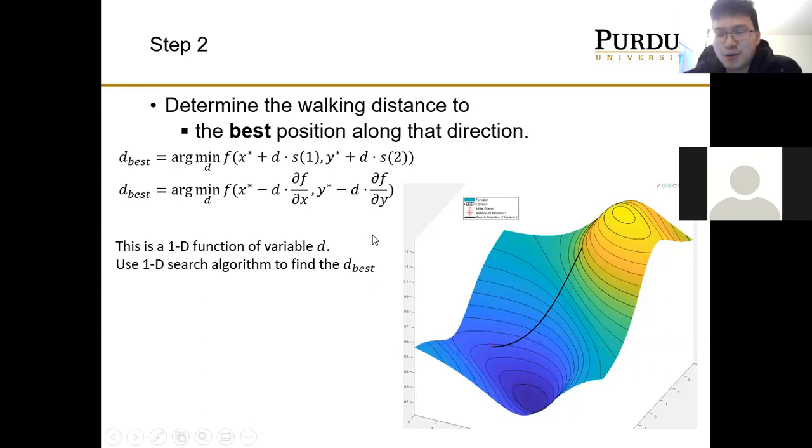Just guess. Well, a guess is not good, since you may end up very far away from the best. Yes, I think binary search or quadratic fitting would be our methods, or any 1D search.